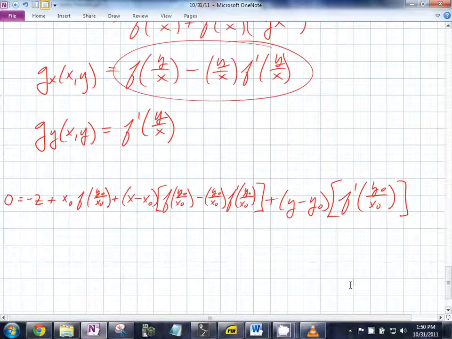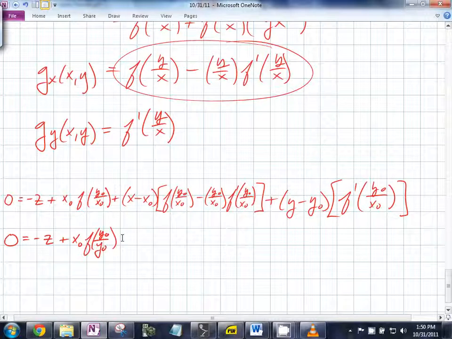Ready? Please tell me when I make a mistake because I'm sure I'm going to do something wrong. I've got to make this nice and tiny. Plus, yeah, you just put y naught over y naught. You could just write this on 2 lines. Plus x times f of y naught over x naught, minus x y naught over x naught times f prime of y naught over x naught, correct?